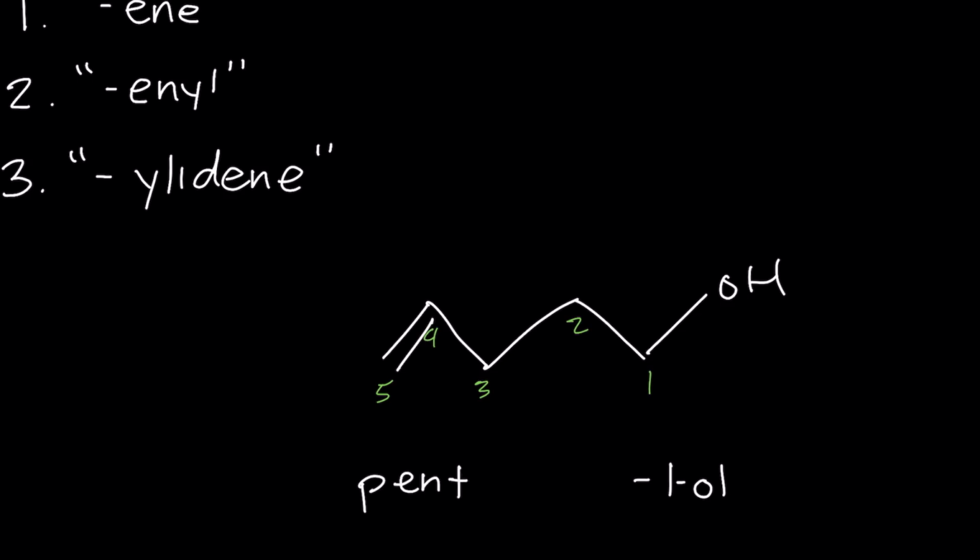The double bond is on the 4th. Penten-1-ol would be the name of this. Just note that if there is an alcohol, it will take precedence. It's more prioritized. You're going to name it according to the alcohol and not the alkene. The alkene would be considered a substituent.